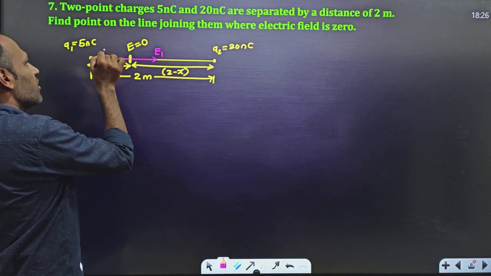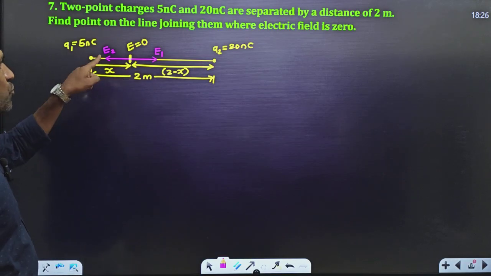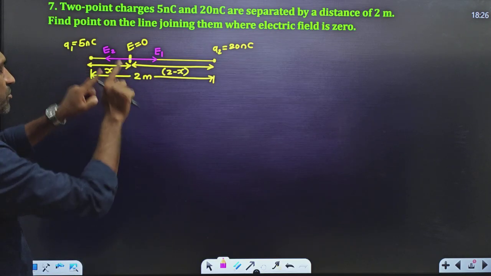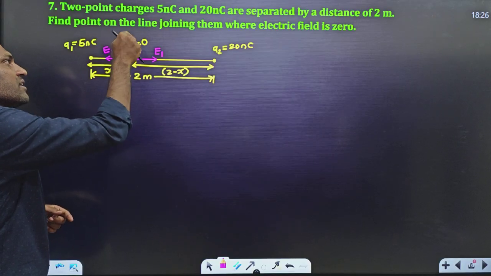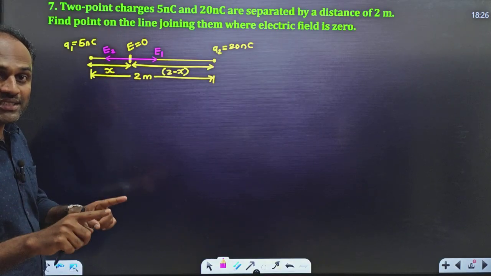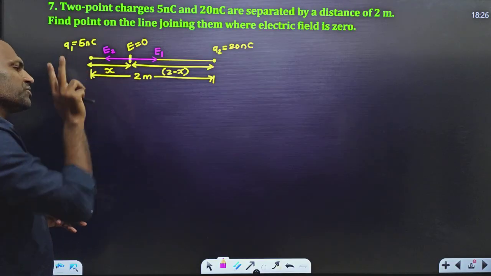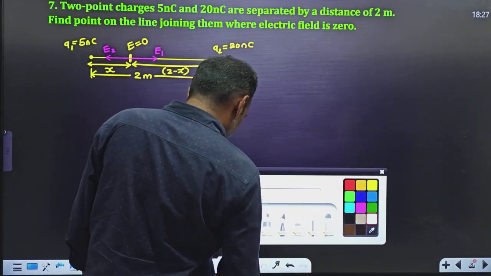Electric field of Q2 I will write as E2. See, if you want the resultant of these two electric fields to be 0, then obviously these two electric fields must be equal. Only if both are equal will they cancel out and the resultant electric field be 0. Correct? Or simply you can calculate it like this also.